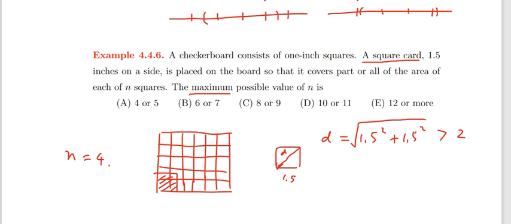So we just put this in this way. So here is 2. We put the ending point here, more than 2, right? So we put the card this way.